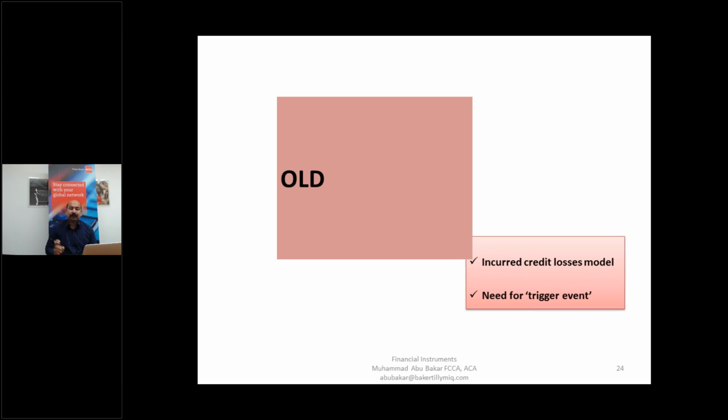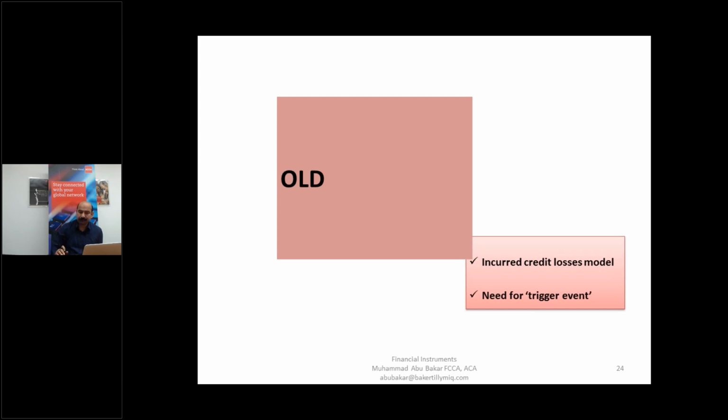And based on the incurred credit losses model, there must be evidence that a loss has been incurred. So this was the old approach.